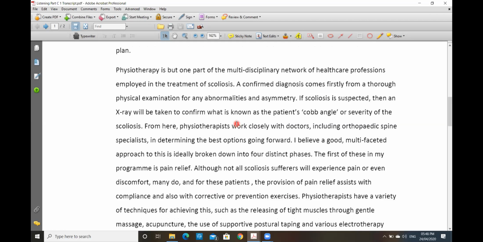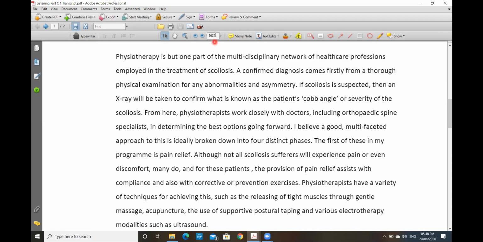because what they were discussing here is that a confirmed diagnosis comes with the help of X-ray and other things. And then the multifaceted approach they have is that the first thing, the priority, the first of these in my program is pain relief.